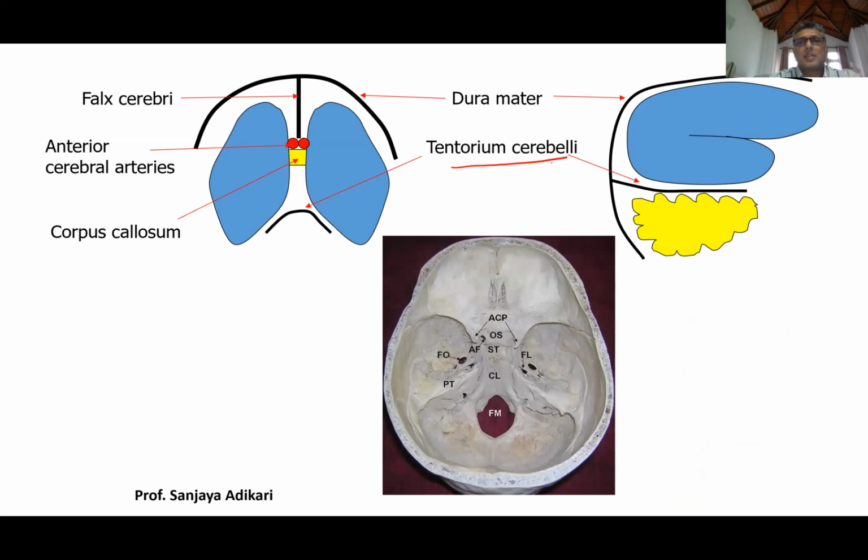Okay, you have the tentorium cerebelli here between the cerebrum and the cerebellum, and the falx cerebri between the 2 cerebral hemispheres. Now then we said the tentorium cerebelli is something like this, attached to the petrous temporal bone and the occipital bone here. So above that you get the cerebrum, and below that you get the cerebellum. The brain stem passes through this opening here.